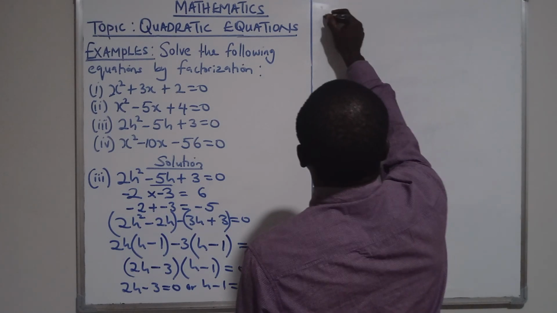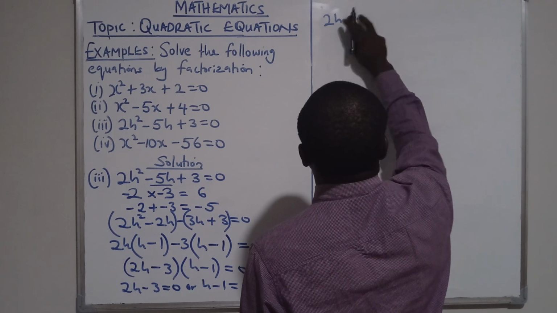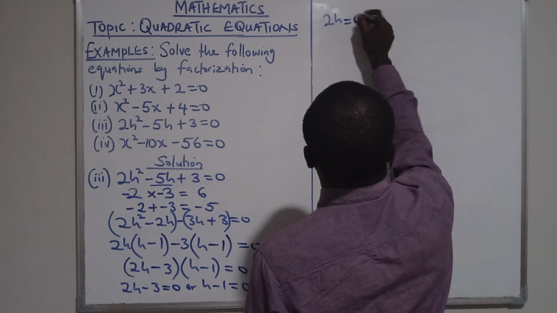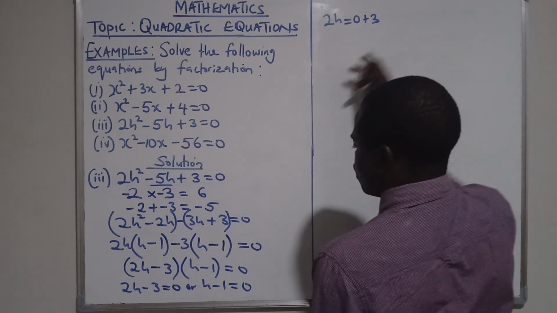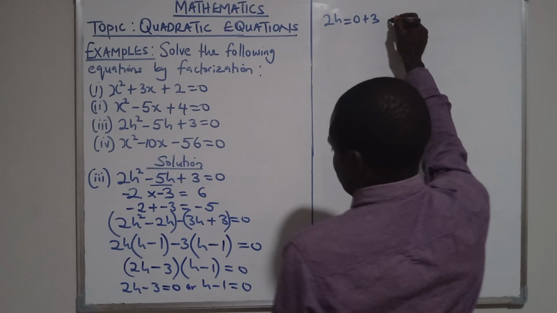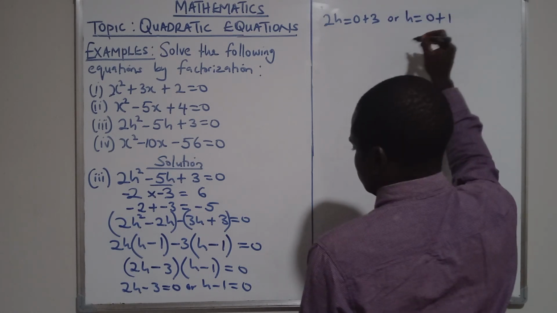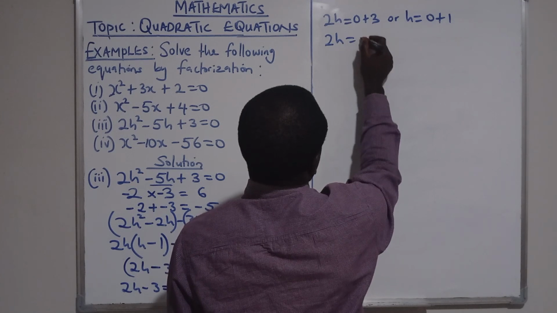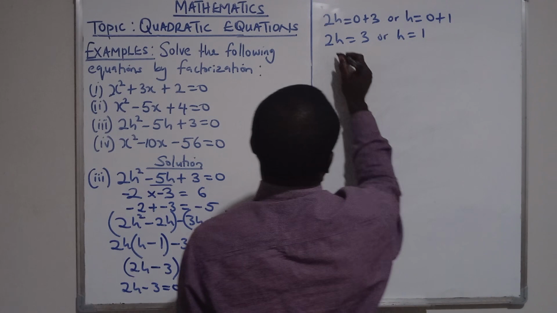Now 2h minus 3, okay, 2h equals, let's call it the right hand, 0 plus 3. Minus 3 turns to positive when crossing the equal sign, or h equals 0 plus 1. Okay, 2h equals 0 plus 3, that is 3, or h equals 1.